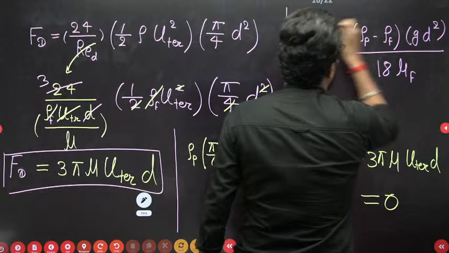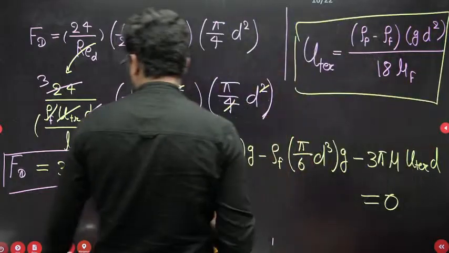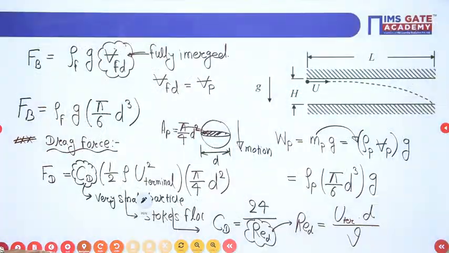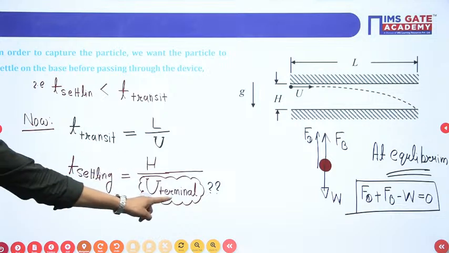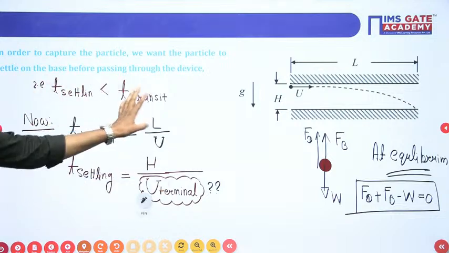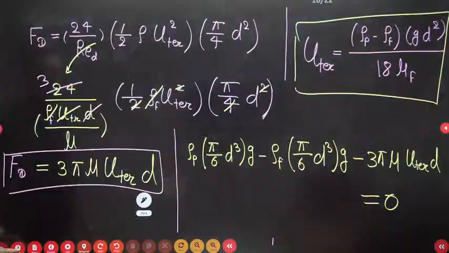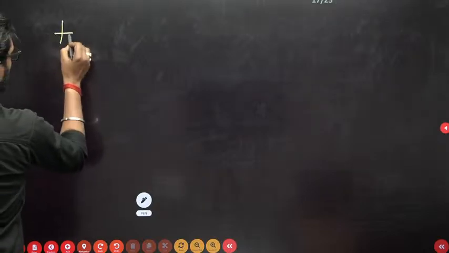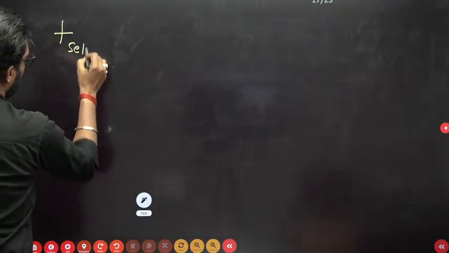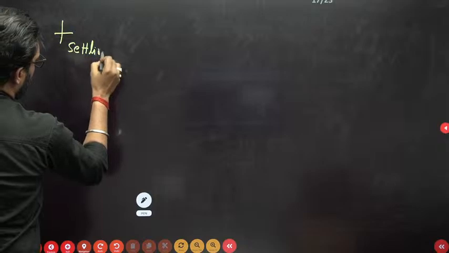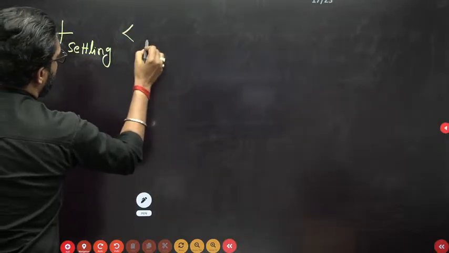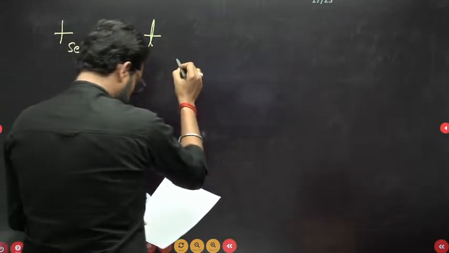Now put this value back here in U terminal and find that aspect ratio. That means T of settling is less than T of transit.